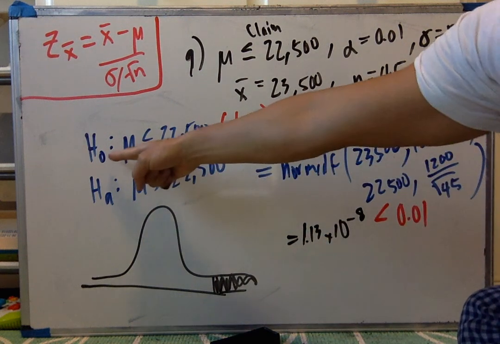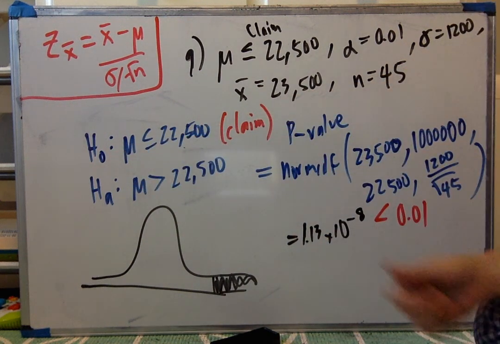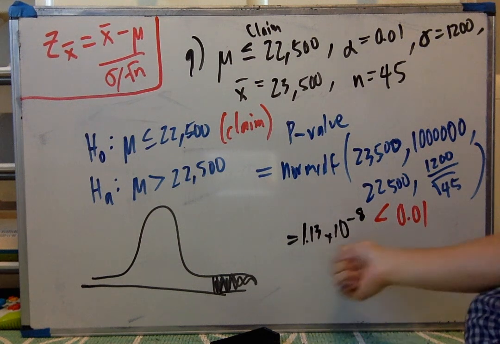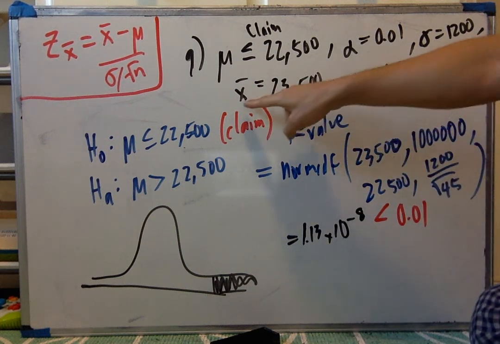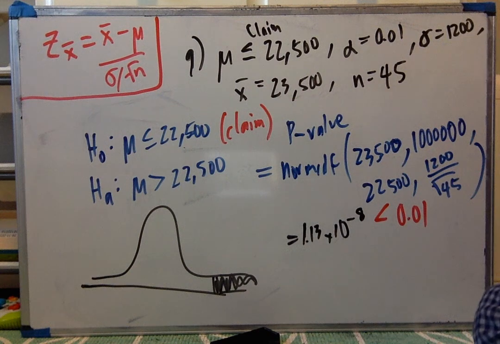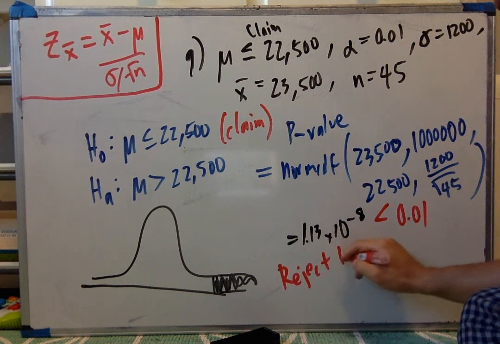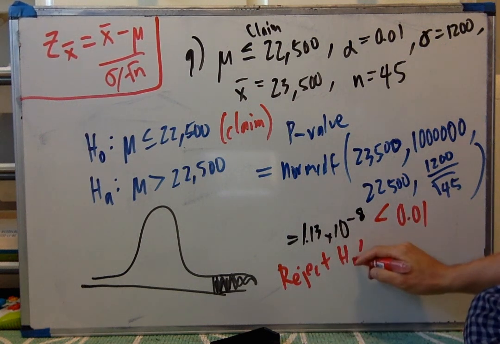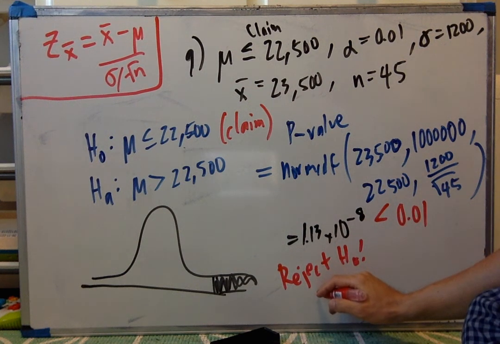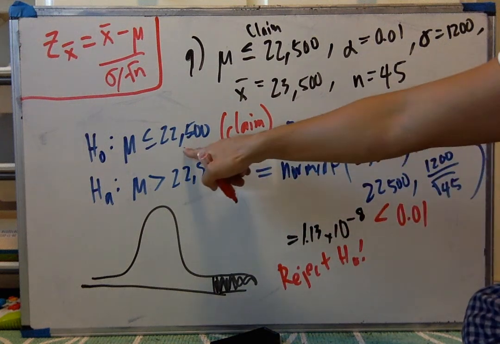So if I assume that H naught is true, then it's very unlikely that I would have gotten this x bar. It's very unlikely that my sample mean would be that large. So what that means is that I'm going to reject H naught, which means I accept the alternative, but I don't have to go that far because the claim was H naught.